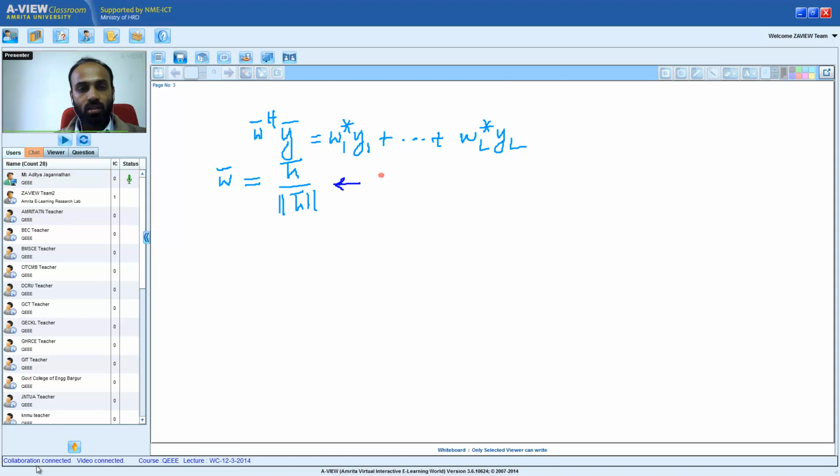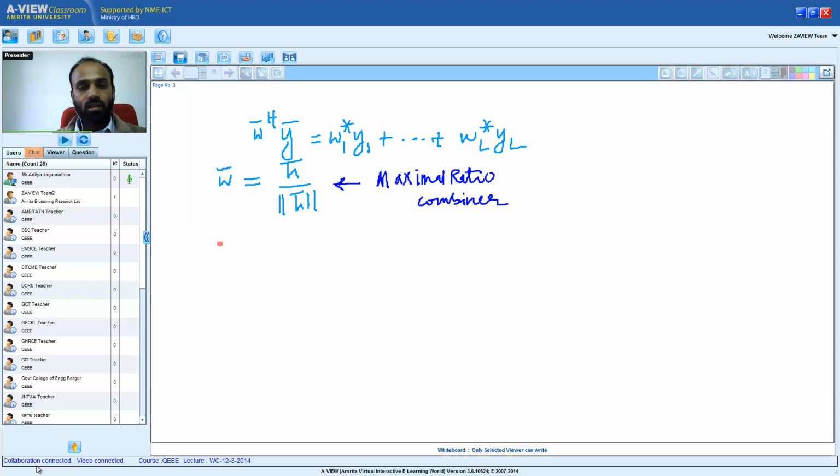This is also known as the maximal ratio combiner.